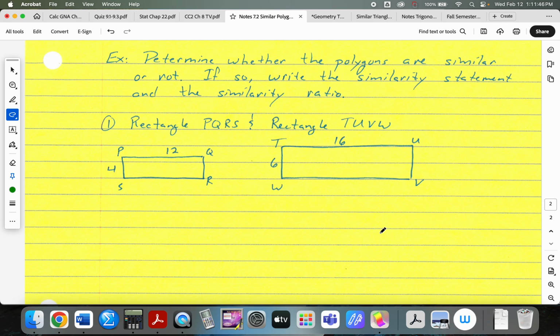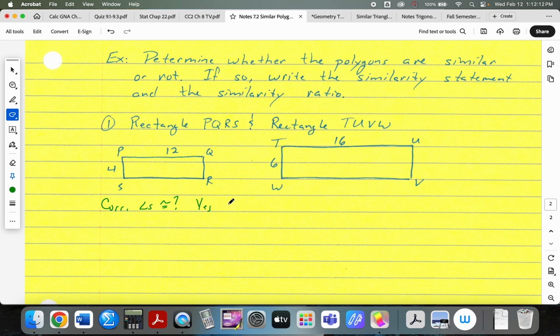All right, so here, it tells us that these are both rectangles. And it wants to know, are these two similar to each other? Well, there's two things that you have to check. Are the corresponding angles congruent? Yes. Why? Because all angles in a rectangle are 90 degrees.